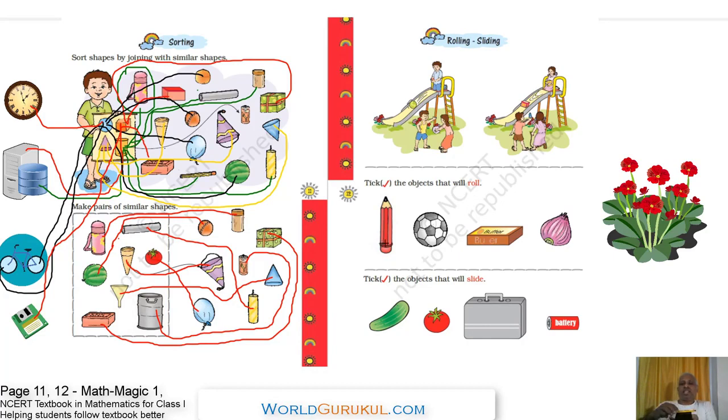If you throw a pencil like this, how it goes down? It goes by rolling. Right? If you throw a ball down the surface, or on the plane surface, how it goes? It turns and goes, right? This pencil also goes by rolling. Let us stick. And this ball also goes by rolling.